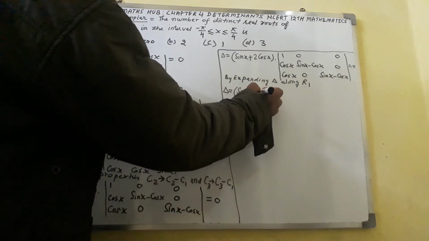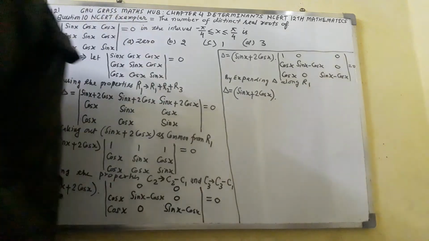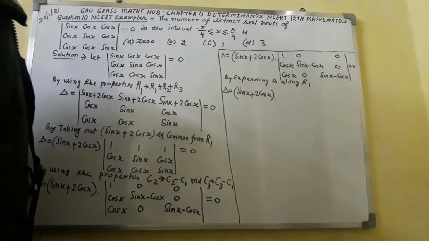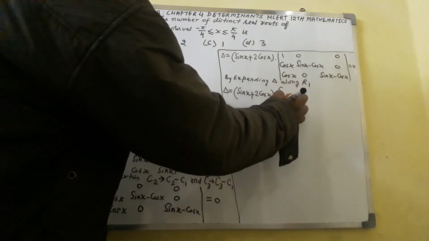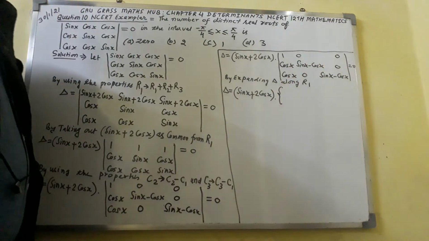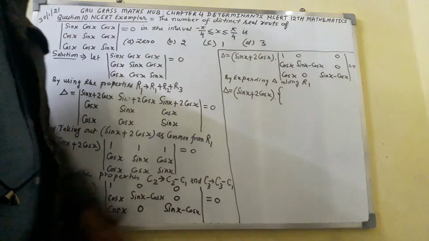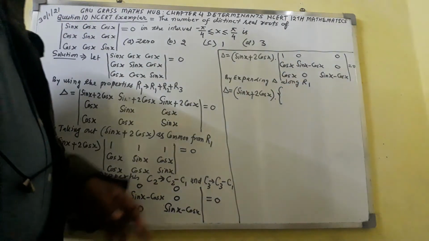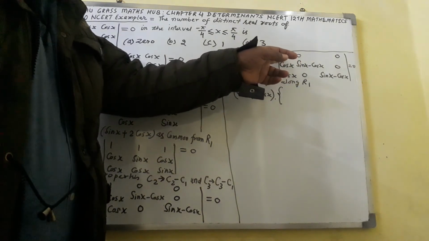So here I shall get det equal to sin x plus 2 cos x. Here it will become, open here curly bracket. Here you can see this det is going to be expanded along first row. In first row, first element is plus 1.